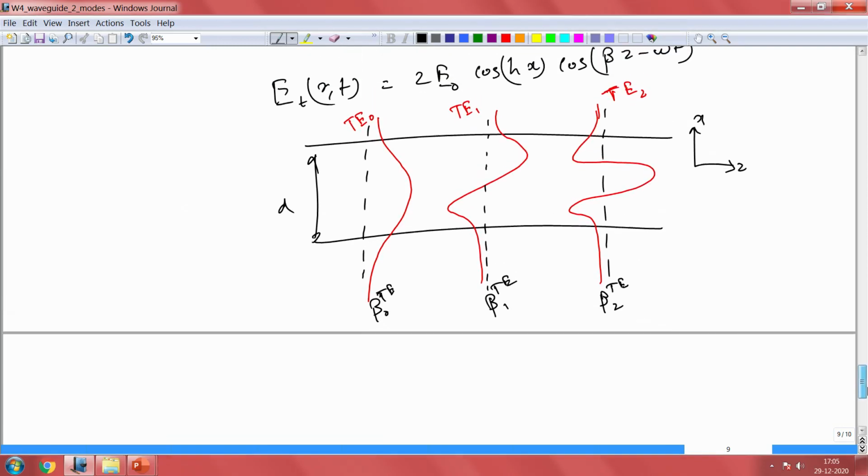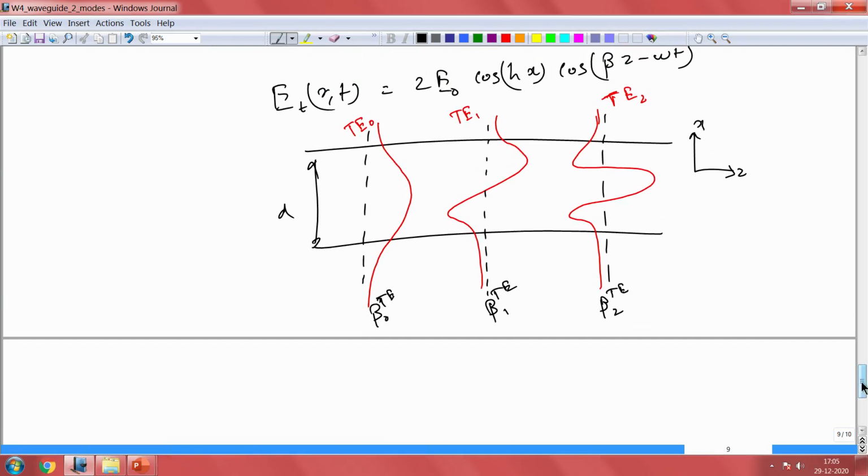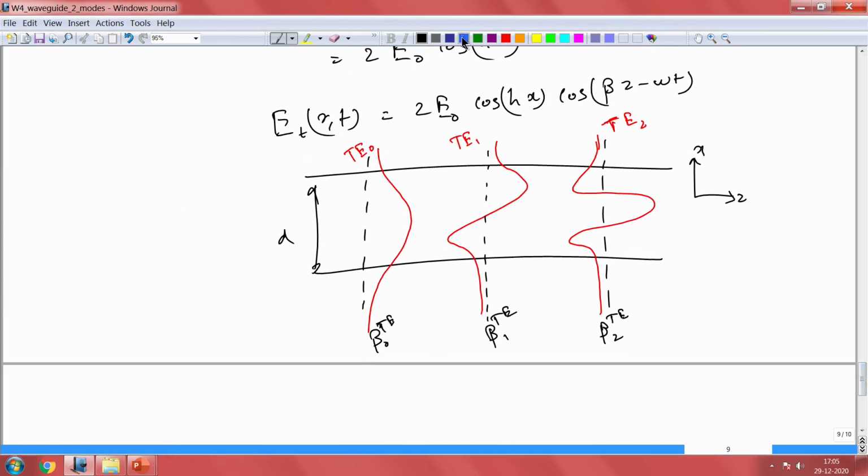One way of also representing this mode is through the zero crossings that you have. We call this 0 because there is no crossing across the 0 mark here. The field is going to decay till the end, but there is no field crossing within the structure that you have. So, it is symmetric. Drawing is not accurate here, but you can see there is one crossing here.